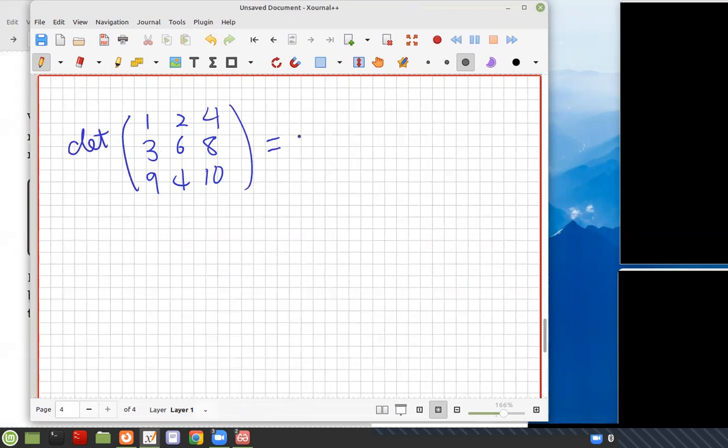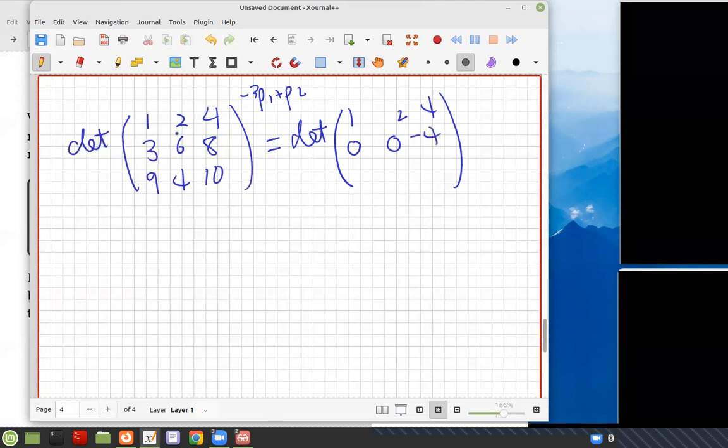So this is going to be equal to the determinant of, well, I'm thinking of the row operation, minus 3 row 1 plus row 2, which will give me 0, minus 0, and minus 3 times 4 is minus 12, plus 8, this will be minus 4.